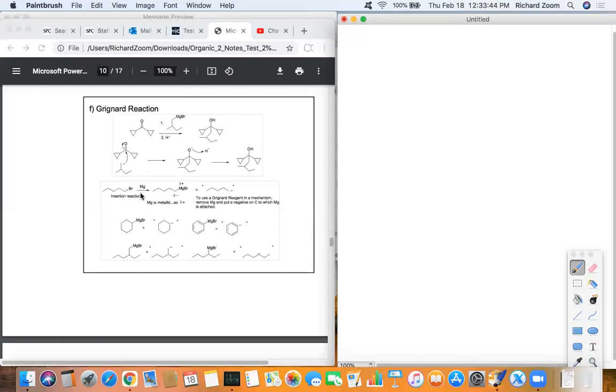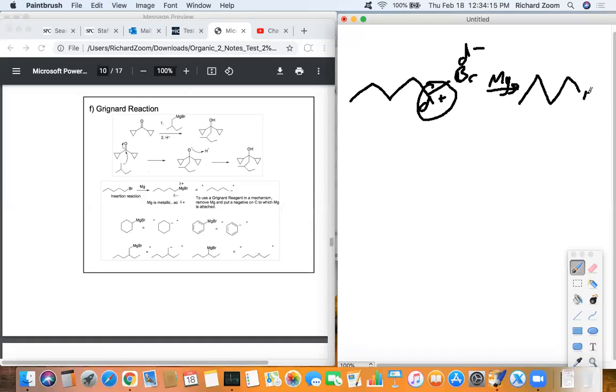We can add magnesium, or actually stir it into magnesium turnings. When you've got the bromine attached to it, then you've got a delta plus on the C that's connected to the bromine. And then when we add magnesium to it, it turns into this Grignard reagent.